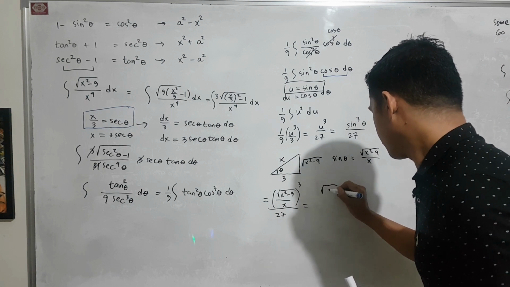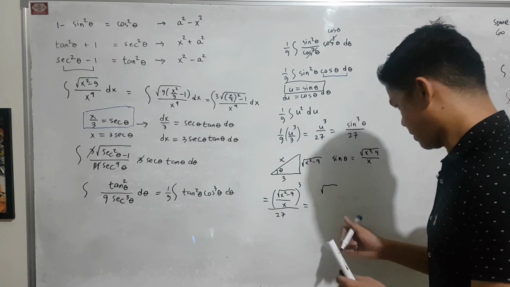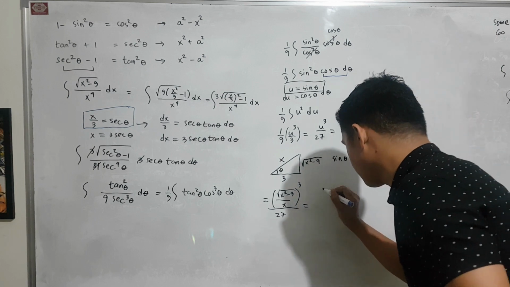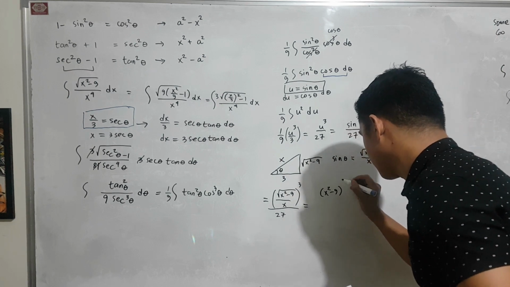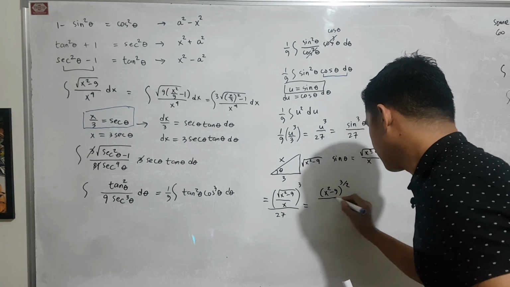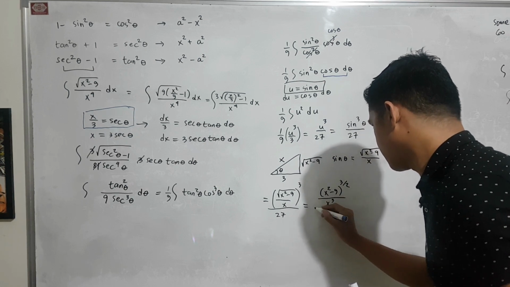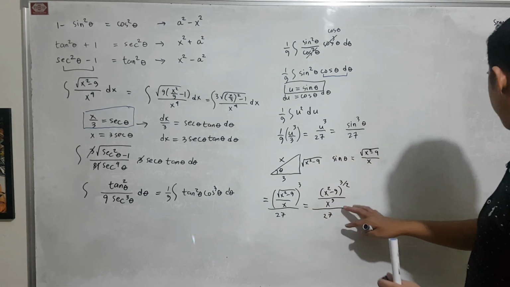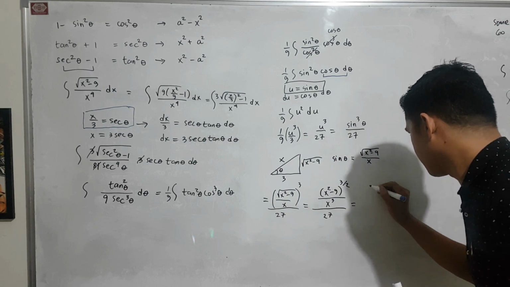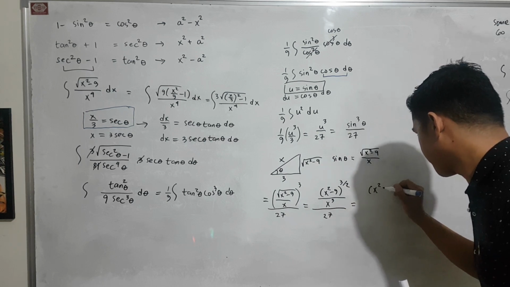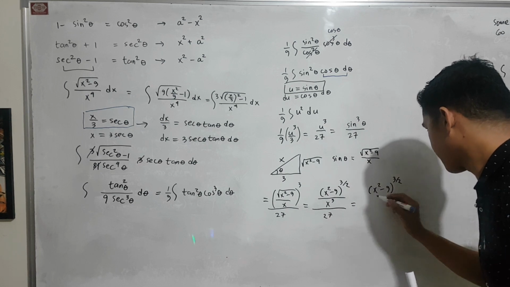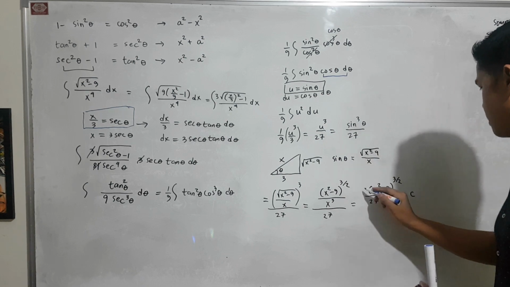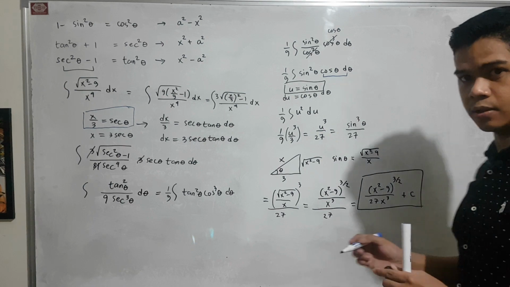It's better to write it with the radical as a half power, so x squared minus 9 to the 3 halves, and you have x cubed there over 27. Since we're dividing by 27, this kind of flips. So we have our final answer, and we don't forget the plus C. And this is our final answer to our integral.